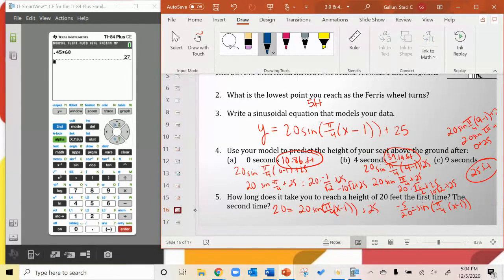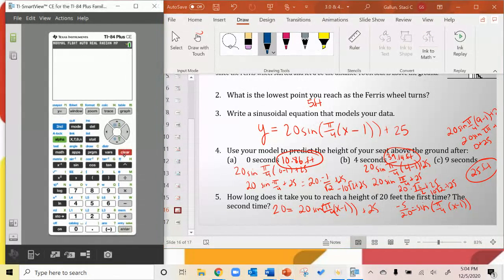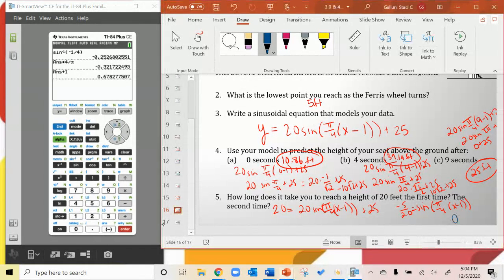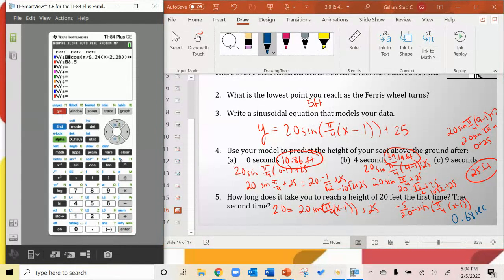As you see, we're almost done. So I'm going to do sine inverse of negative 1/4, which is negative 5 over 20. And then I'll multiply by 4 over pi, multiply by that reciprocal. And then I'll add 1. So it should be, if I'm doing this correctly, 0.68 seconds.